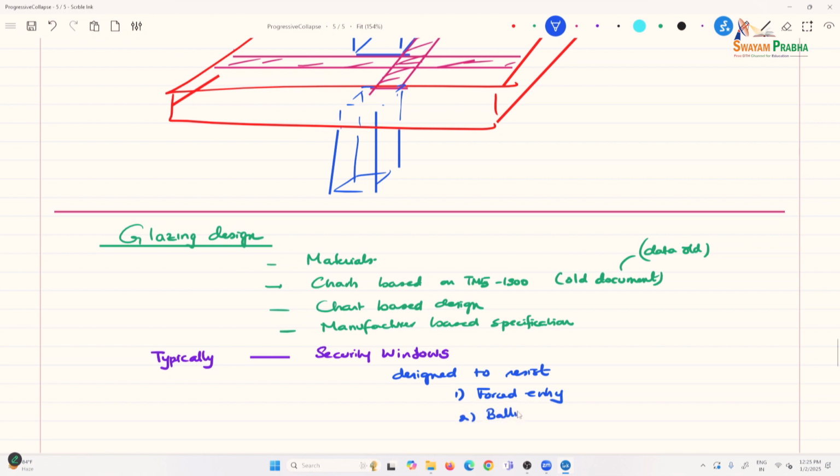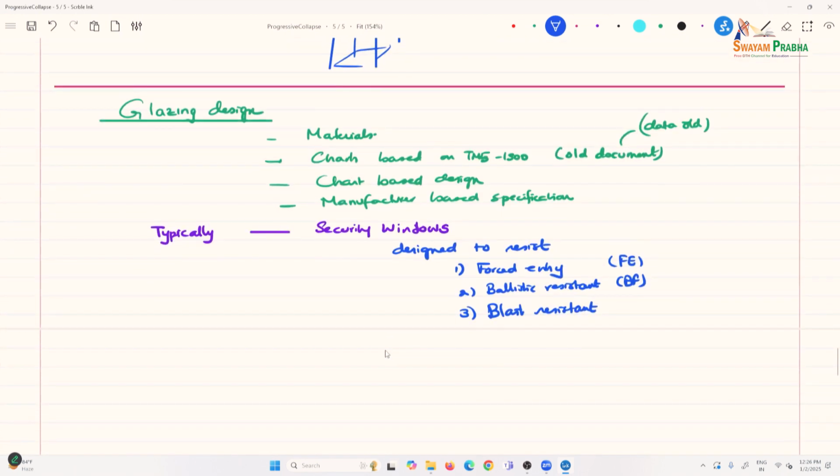It should be ballistic resistant. So, this is bullets or any impact. Let us call this FEN, and so there are three different. These are security windows.